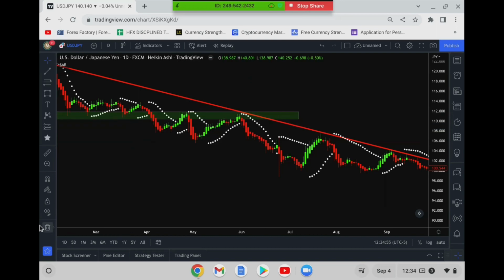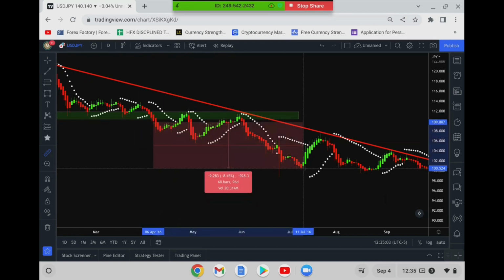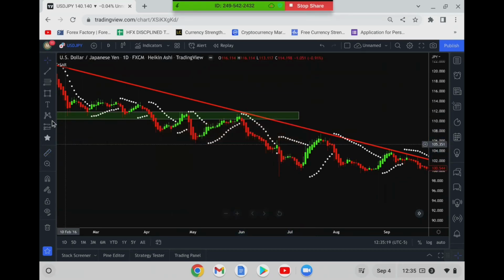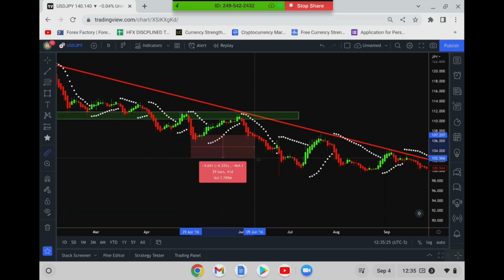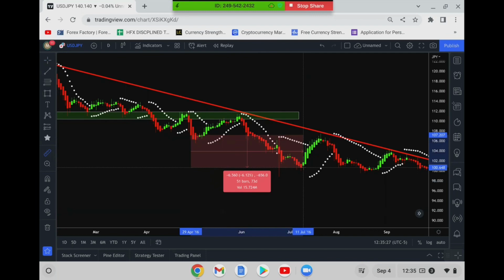So you guys, let's see. Let's say this was my first entry from here to here. That's 928 pips. All right. Then we got in again here before drawdown. From here to here was another 656 pips.